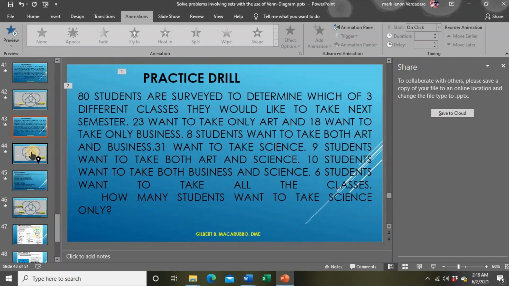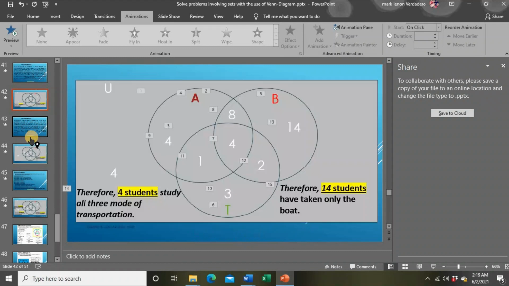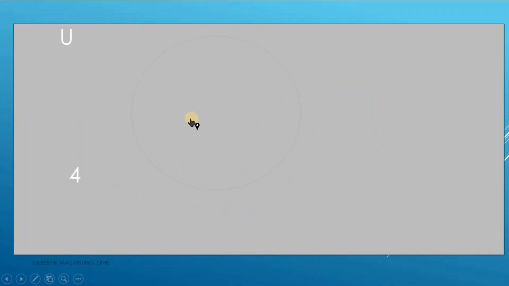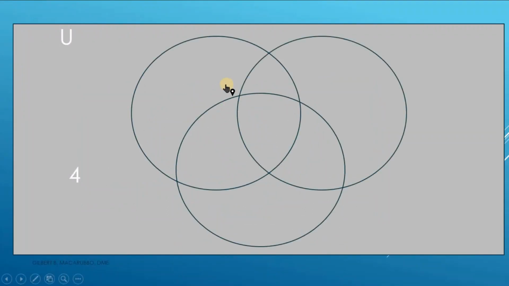So let us find for the, okay, so we have, okay, so this one is for the airplane, this one for the boat, and this is for the train. So since the intersection of the three sets is 4, then we can now find for the unknown.